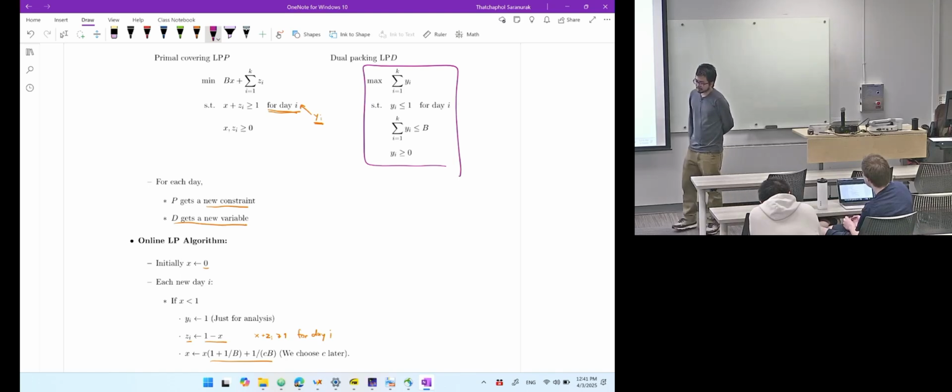We have seen from last time that one algorithm that is two-competitive is to buy after B days. But that is about that algorithm. Now I want to know, from our algorithm here, can you give me some intuitive argument why X should be at least 1 after B days?